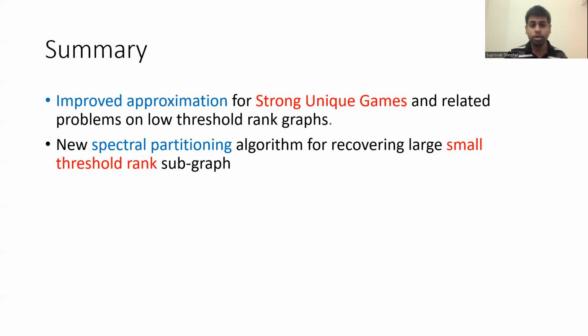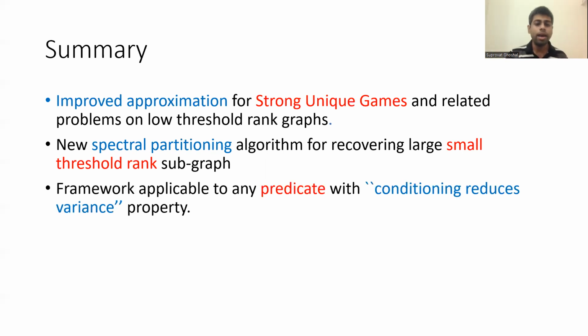An important component of it is this spectral partitioning algorithm, which can find a large subset which induces a low threshold rank subgraph in a graph which contains a hidden large low threshold rank subgraph. And finally, the framework which works for strong unique games is actually general enough and it applies immediately to any CSP with a predicate that satisfies this conditioning reduces variance property.